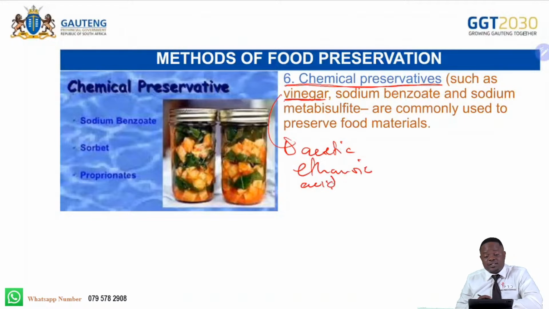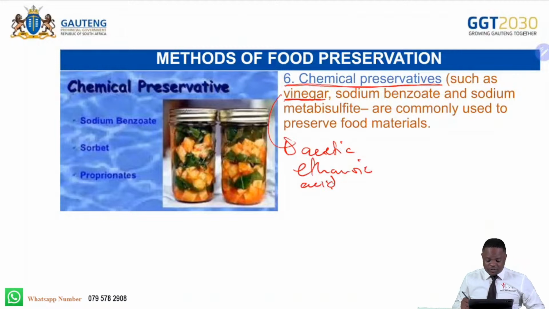Because it is an acid, we're saying it lowers the pH, okay? And the low pH, remember, we're saying it is not good for the microorganisms to survive or to reproduce, okay? So hence it can be used to preserve our food because it does not give the microorganisms a suitable environment for them to grow. Right.